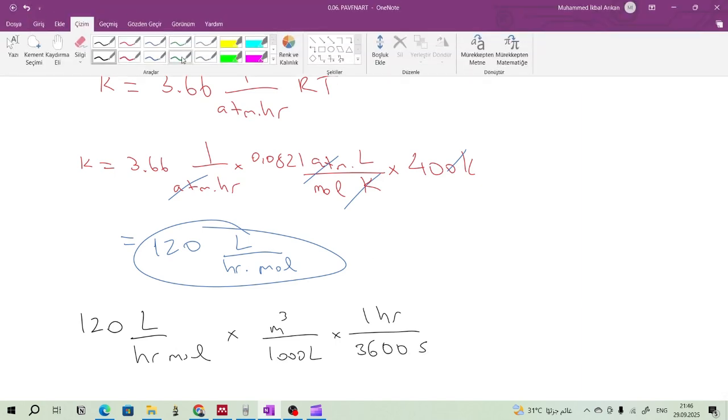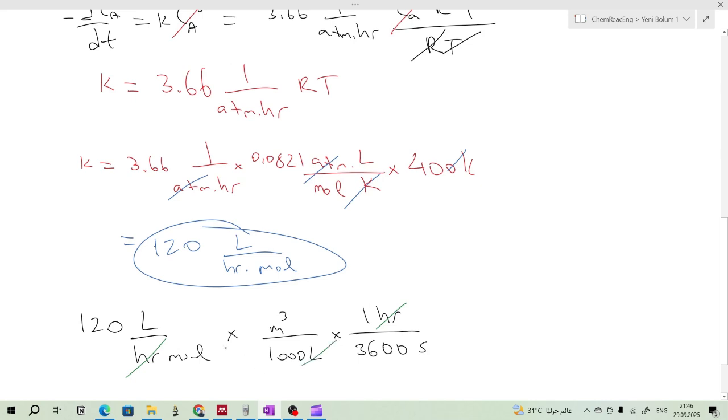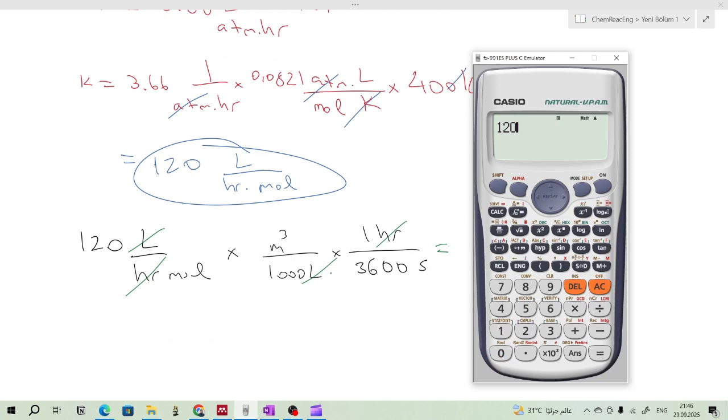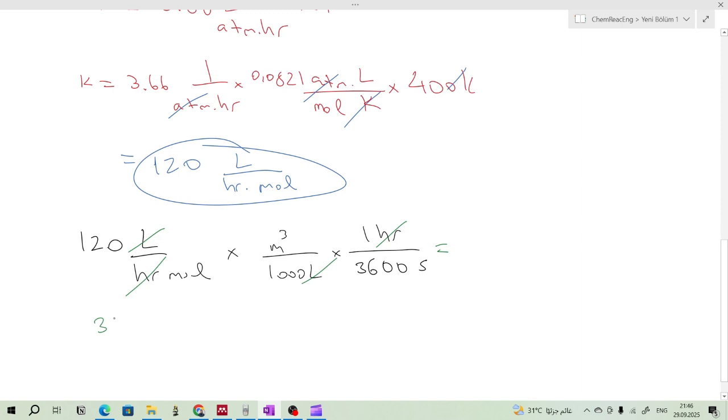So hour with hour, liter with liter will cancel each other, and you will end up with 3.33 times 10 to the power minus 5 meter cube over mole second.